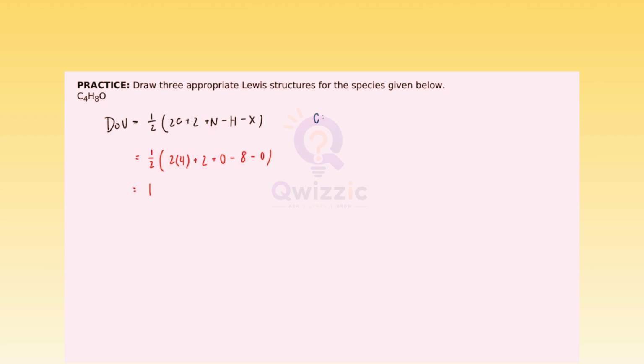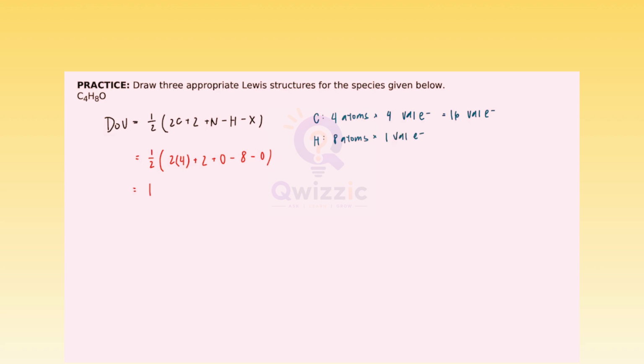Starting off with our carbons, we have 4 atoms of carbon. Each atom of carbon gives us 4 valence electrons. So 4 times 4 is equal to 16, a total of 16 valence electrons from just our carbons alone. Moving on to hydrogen, we have 8 atoms of hydrogen, and each gives us 1 valence electron.